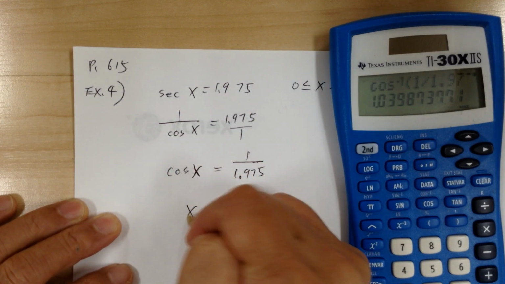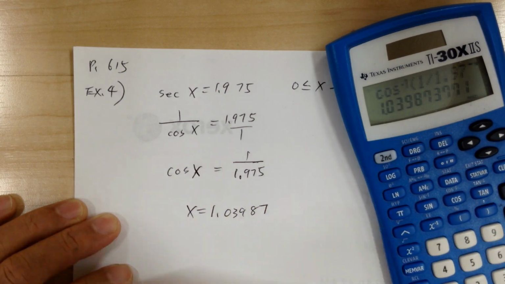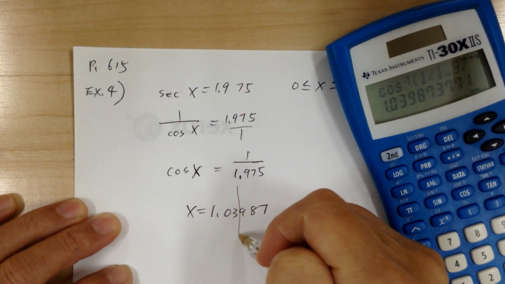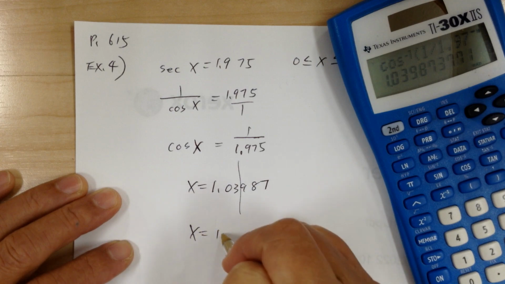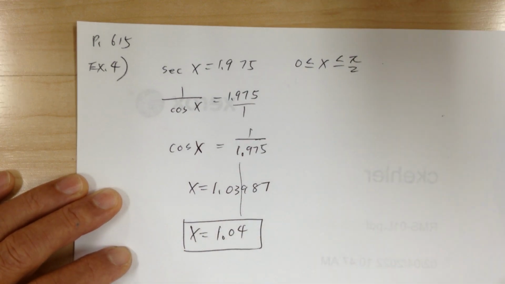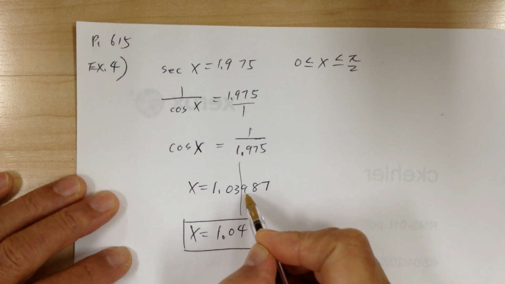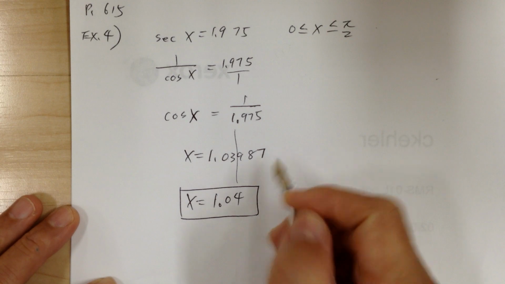So x will equal 1.03987, whatever, and they want you to do 2 decimal places. So this gets rounded up, and your answer would be x equals 1.04. Make sure you know how to round, right? If it's 5 or more, you round up. If it's 4 or less, you just cross it out.